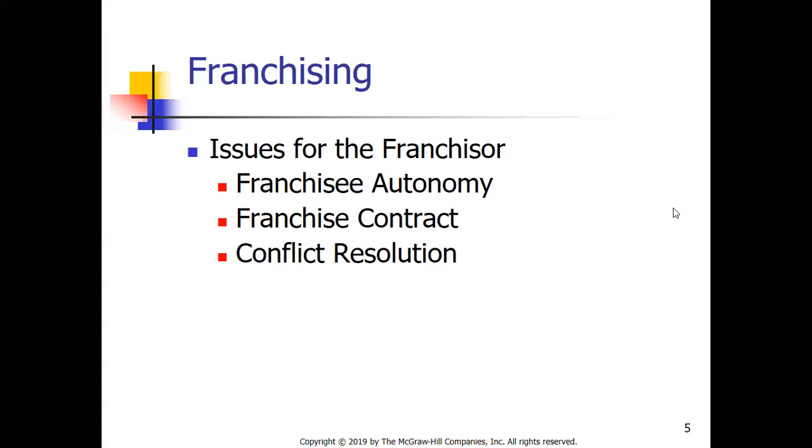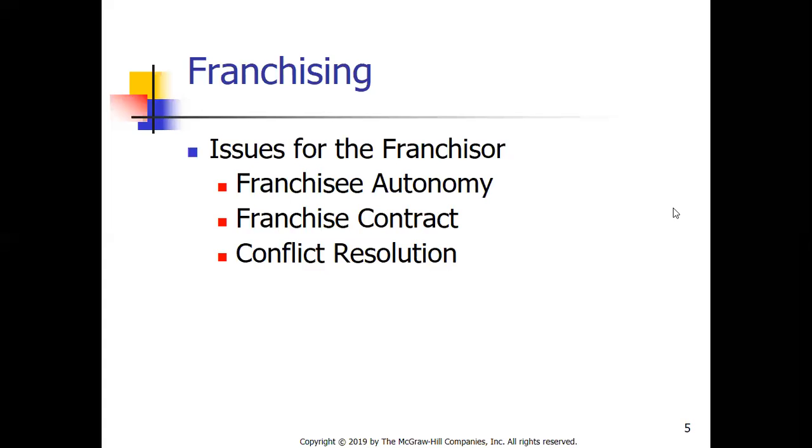Sometimes we also have the issue of saturating a single market. Maybe the market is not suitable for that particular franchise, and it turns out it's not doing well. So these are some of the franchising issues that could happen to different franchisees.